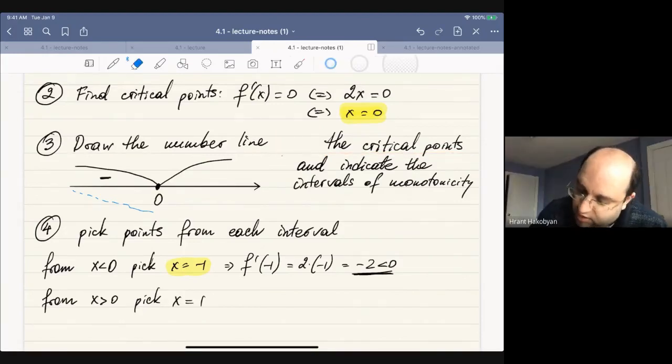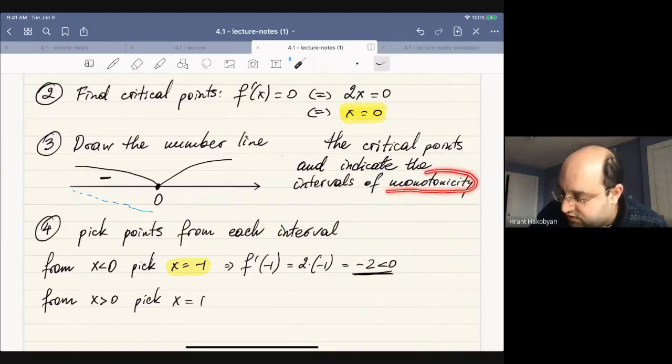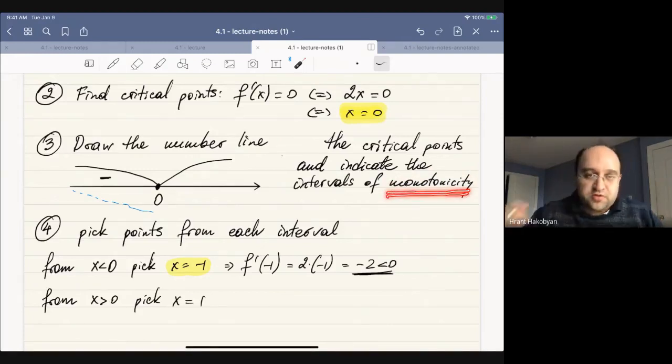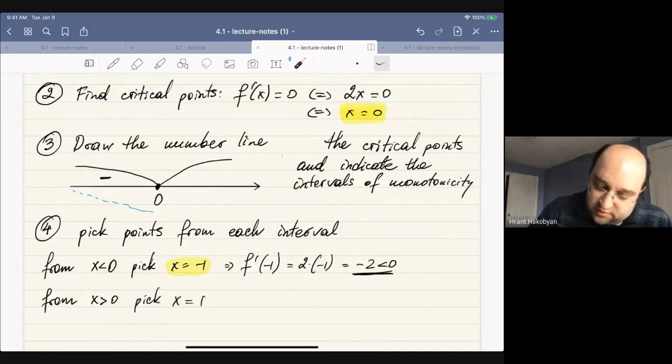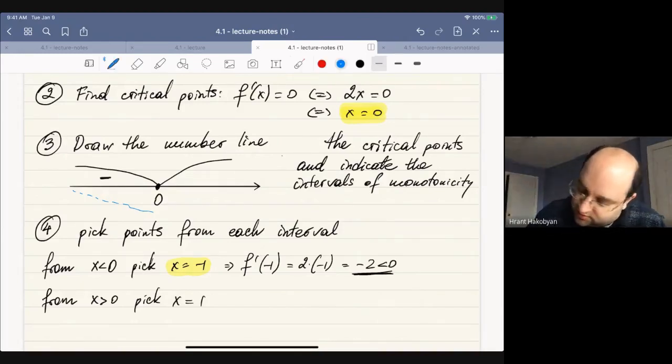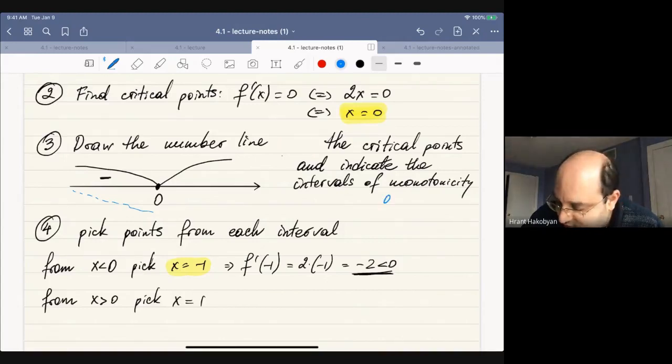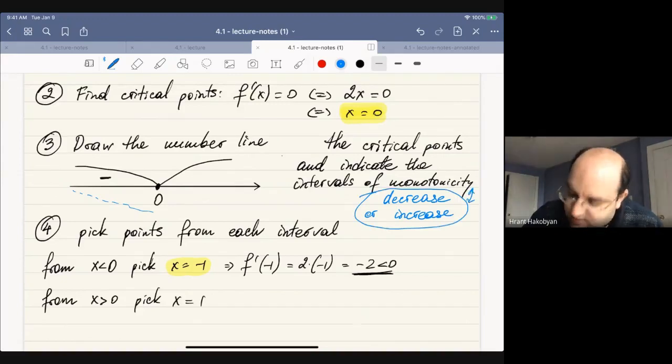Oh, monotonicity. That means where the function is monotone, and monotone means it is increasing or decreasing. I can write it differently: intervals of decrease or increase. That's the same thing. Okay, you can say the same. All right. Thank you.